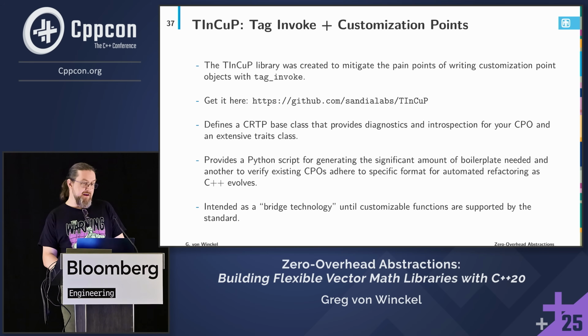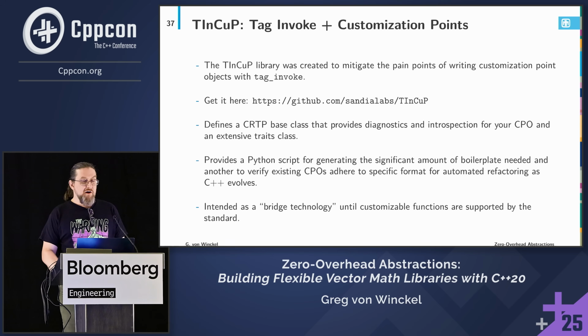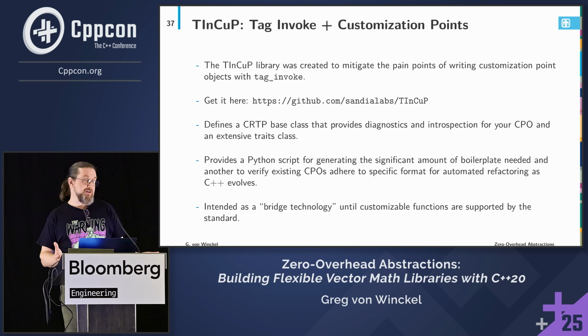So to that end, I wrote a tool which I put up on the Sandia Labs GitHub a few days ago, which is called TInCup, which is a tag invoke customization point tool.